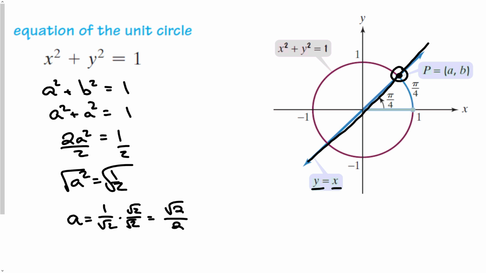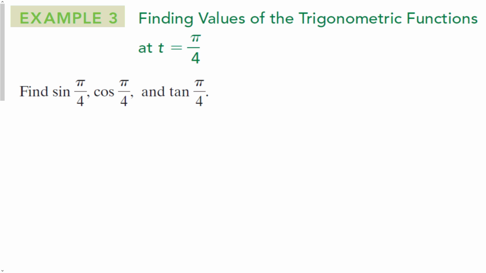Okay, so that means that this point right here at pi over 4, which means this angle, which is the measurement we'll talk about the most, and also this arc length around the edge of the circle, this point (a, b), the two coordinates are going to be the same, and they're both going to be radical 2 over 2.